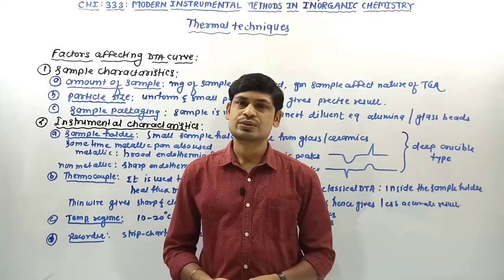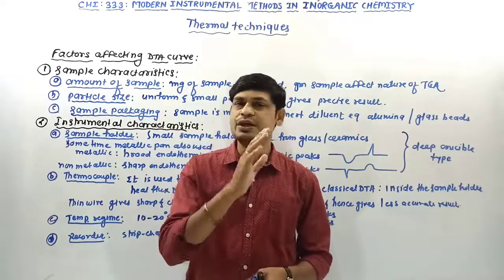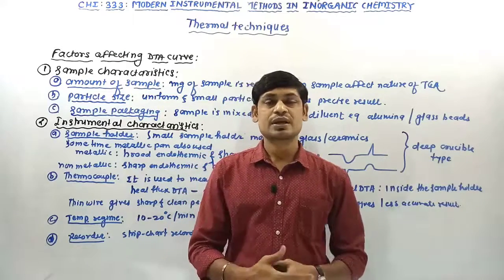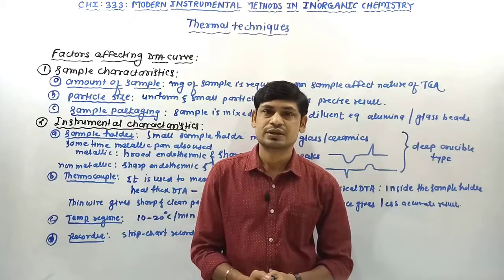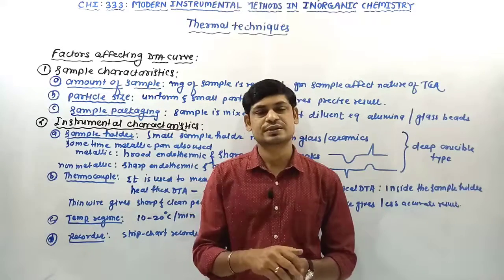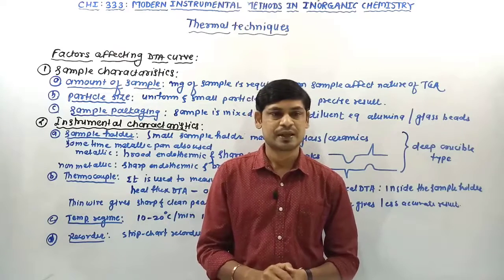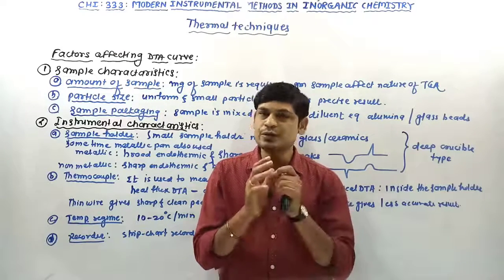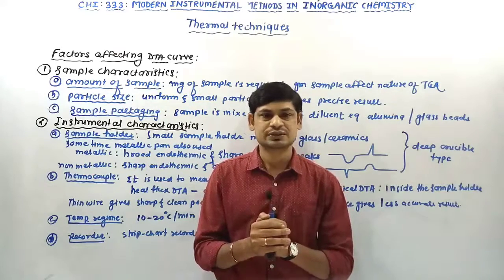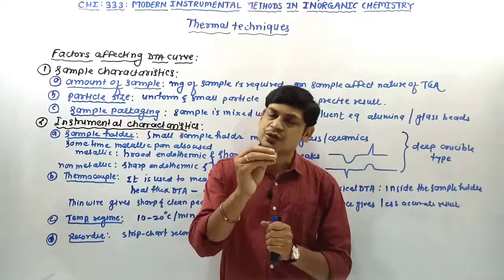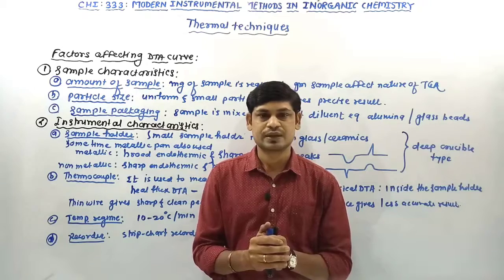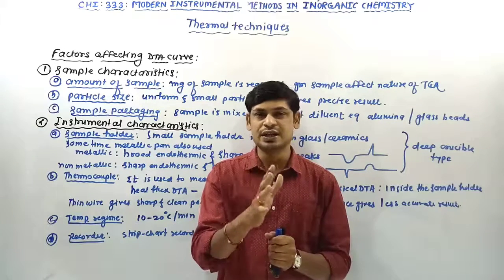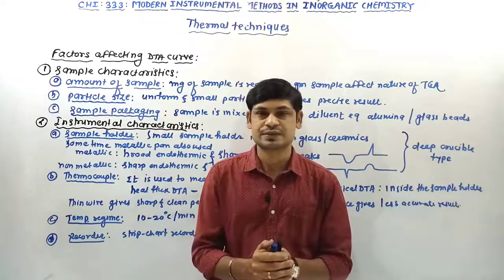So, in order to maintain the environment inside the sample holder, the atmosphere controller is here. And the atmosphere controller controls the atmosphere inside the sample holder. Generally, static air and dynamic air is used for that purpose.